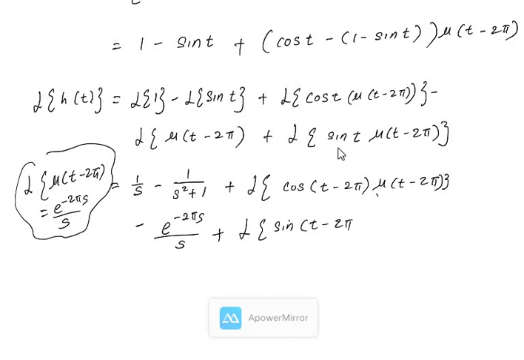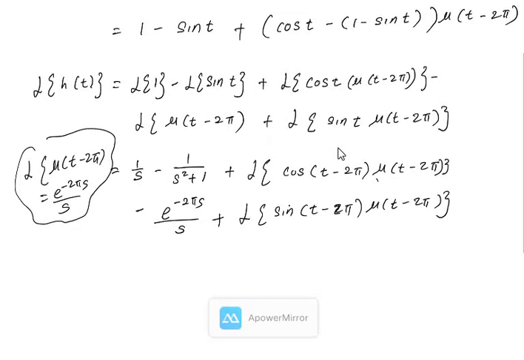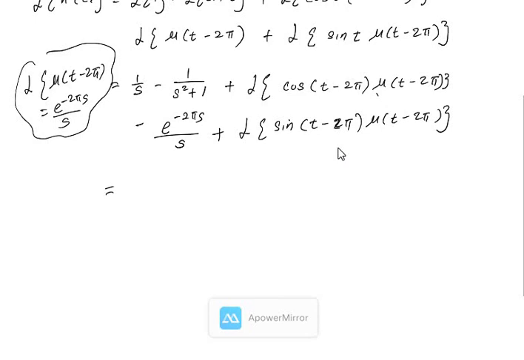We need to make it same. And then unit step t minus 2 pi. Okay, next step. So 1 over s, we simplify, minus 1 over s squared plus 1.